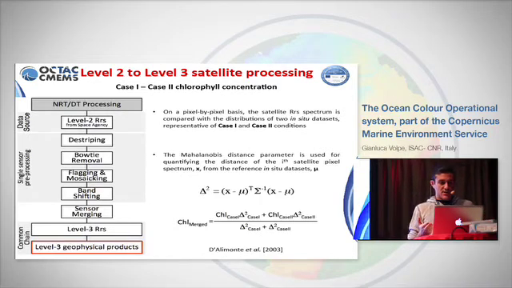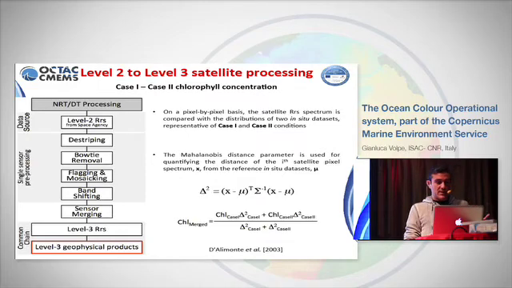So we use this Mahalanobis distance parameter, which basically is a comparison of the single satellite spectrum with case 1 and case 2 in situ reference spectra taken from the Adriatic Sea in situ dataset and from the Mediterranean Sea dataset. So this parameter allows us to weight the single contributions of the two chlorophylls and to merge the final output. This method is from d'Alimonte et al.